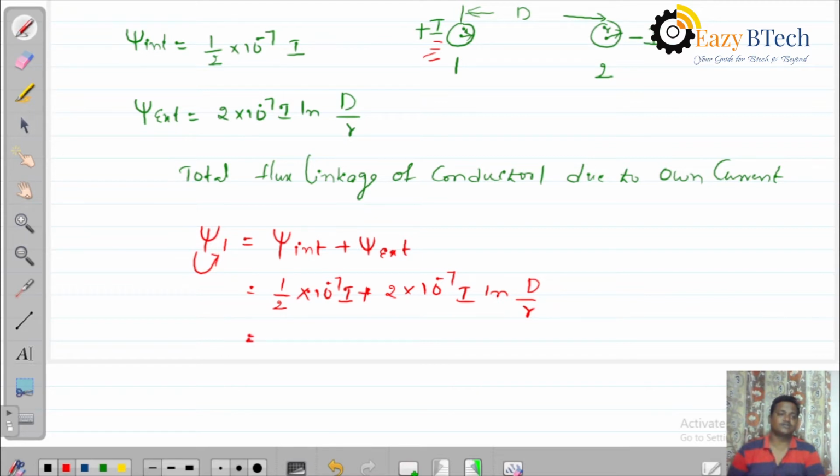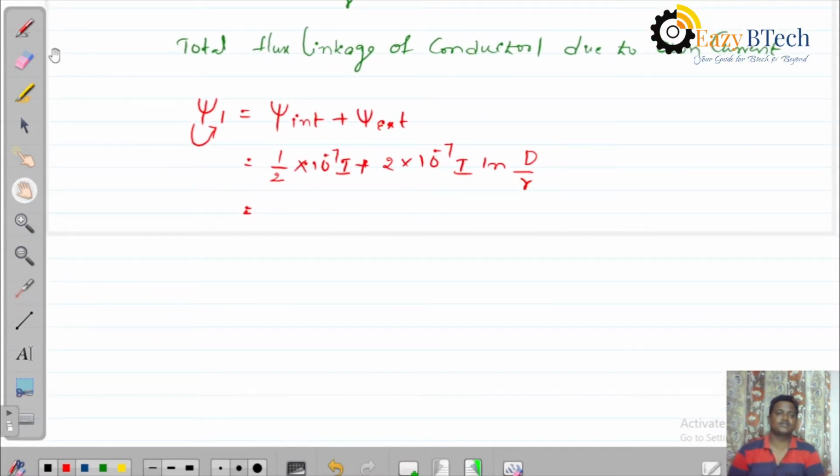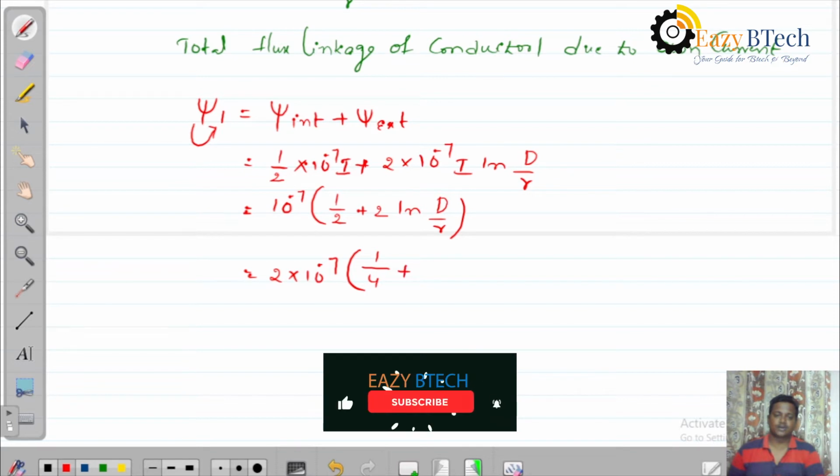From this equation, we can take 10 power minus 7 common. What remains is 1 by 2 plus 2 ln d by r. Taking 2 outside the bracket, we get 2 into 10 power minus 7 into 1 by 4 plus ln d by r.